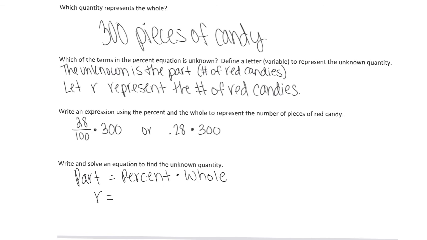And our percent is 0.28. And our whole is 300. Go ahead and solve this equation in your calculator. All right. And what you should have gotten is that r equals 84. And now we know that there are 84 red pieces of candy in the bag.